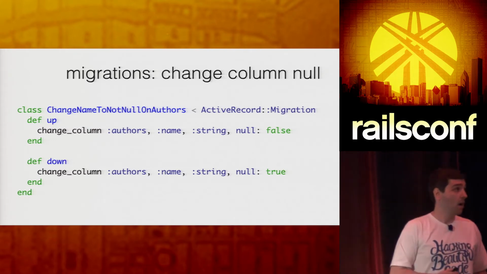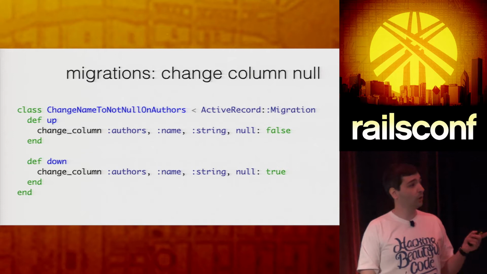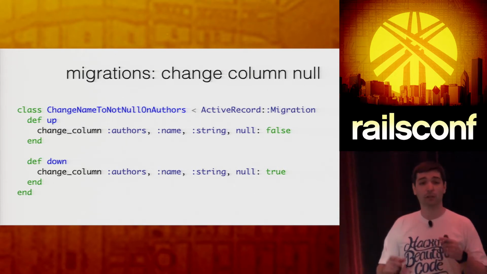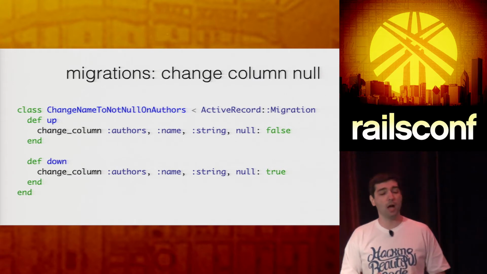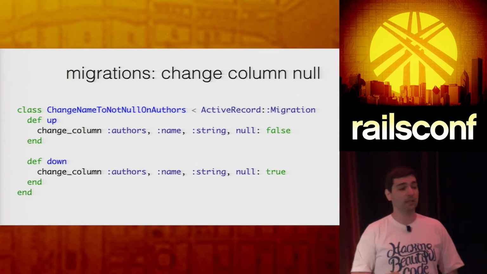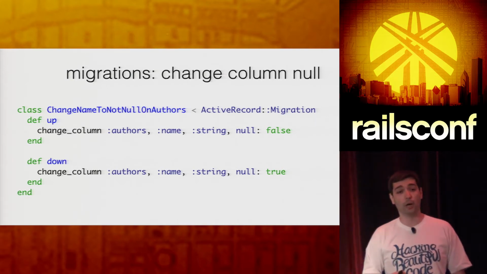Okay, we're going to start with migrations, right? In some projects, I've seen people having to change the null flag from some attribute. In this example, I'm changing the name attribute of the authors table to be not null, right?